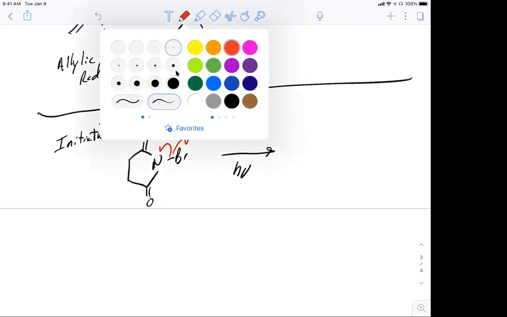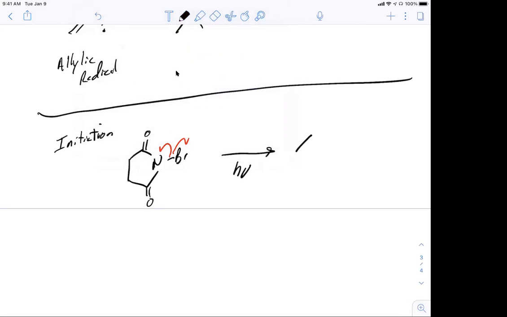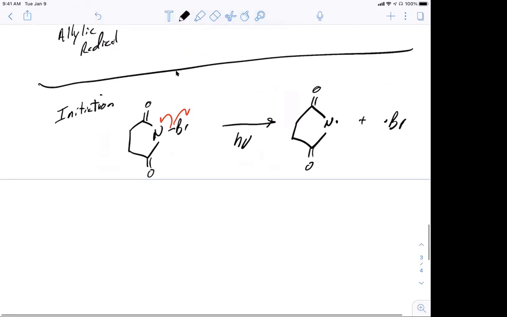The little one-barb arrows. That forms a bromine radical.